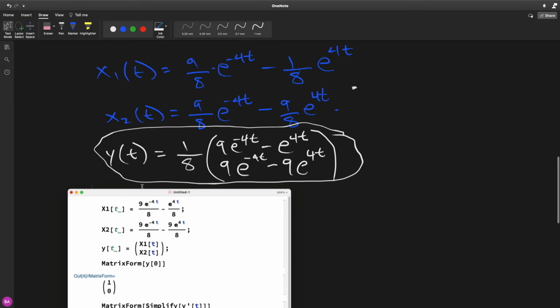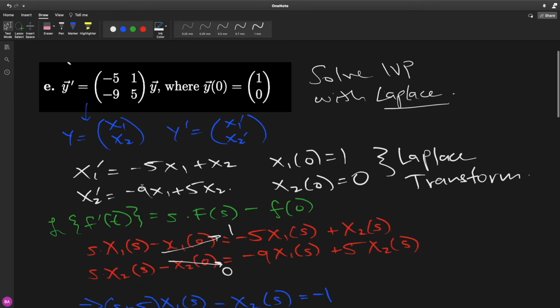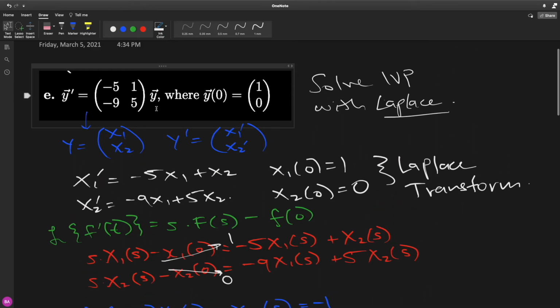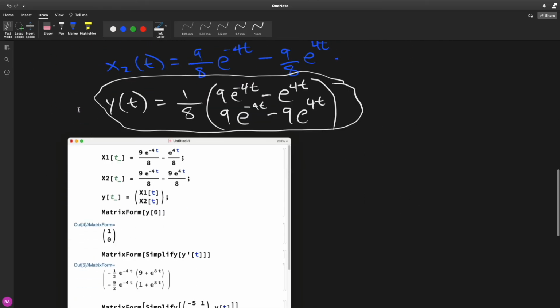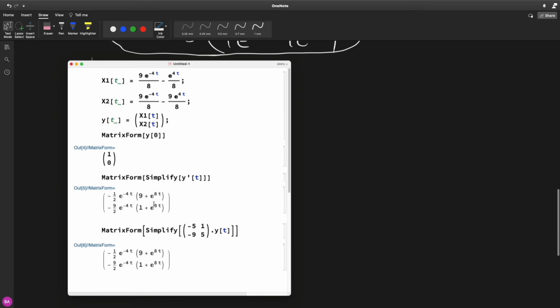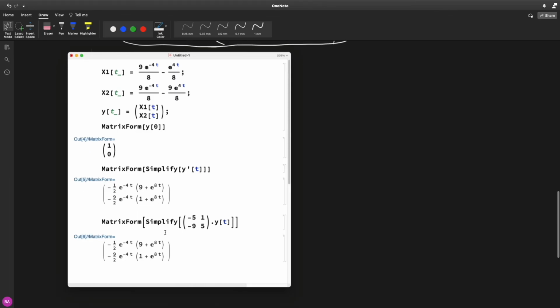The next thing we want to check is that the derivative of yt is equal to our original yt multiplied by this matrix. If we take the derivative of yt, we get this as our solution. We have negative 1/2 e to the negative 4t times 9 plus e to the 8t for the first component, and the second component is negative 9/2 e to the negative 4t times 1 plus e to the 8t.